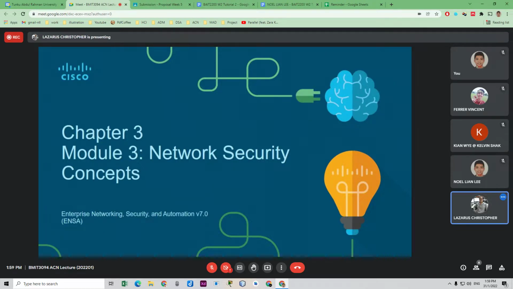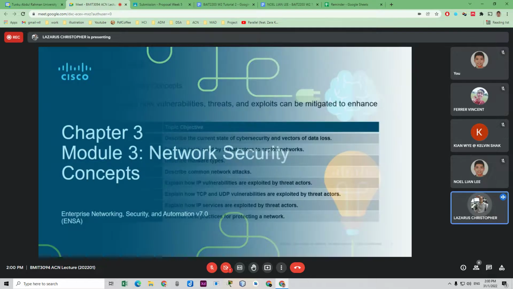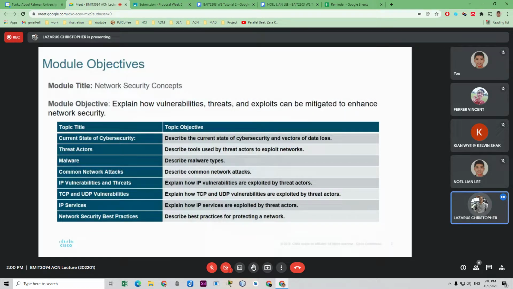Okay, so what can we cover inside this chapter? I think this is quite an interesting chapter. We're going to look at the current state of cybersecurity, just an overview from what I see.